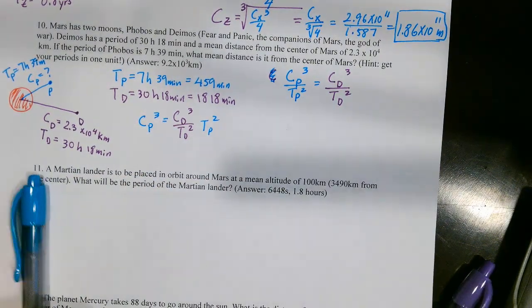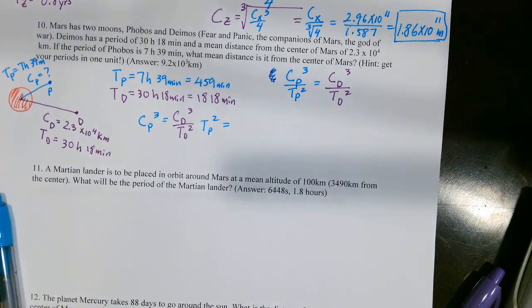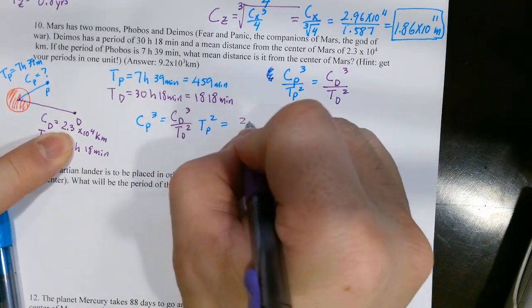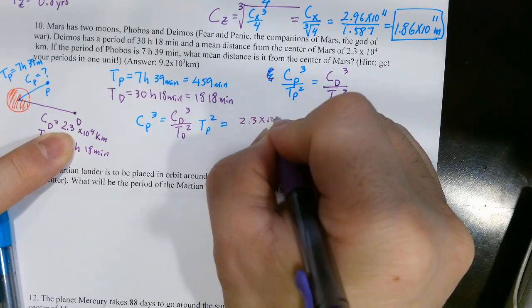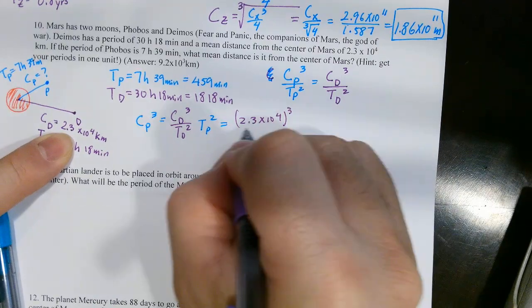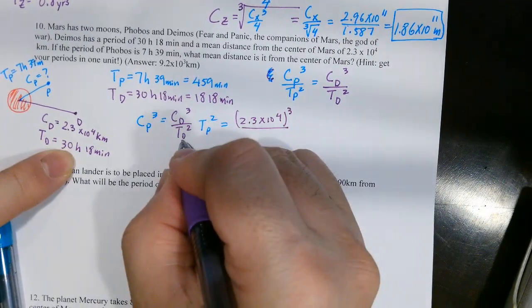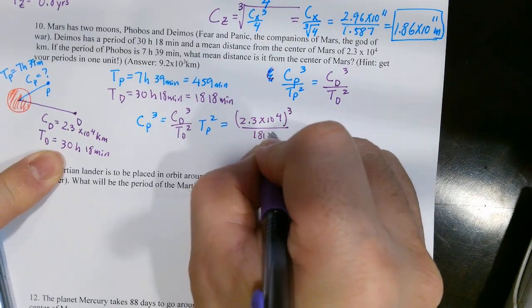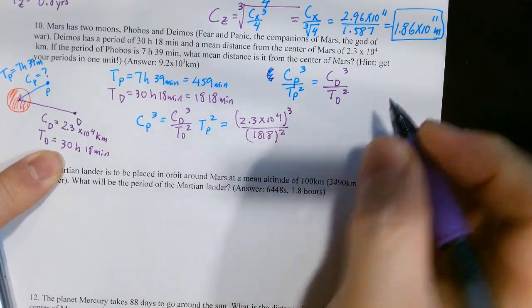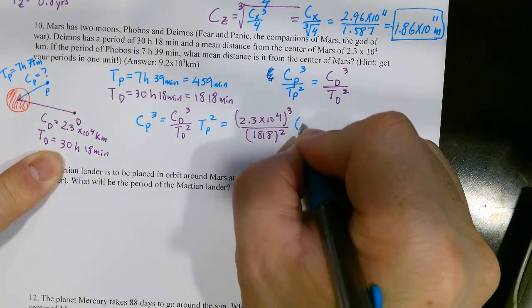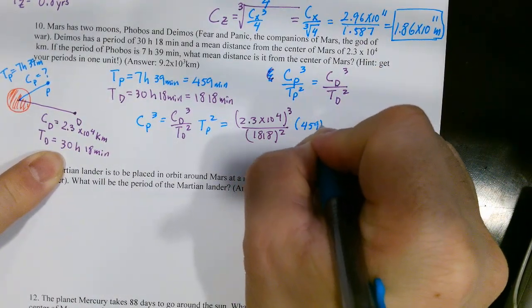If we substitute in some values, C Deimos is 2.3 times 10 to the fourth, cubed, divided by T, which is 1818 squared, times 459 squared.